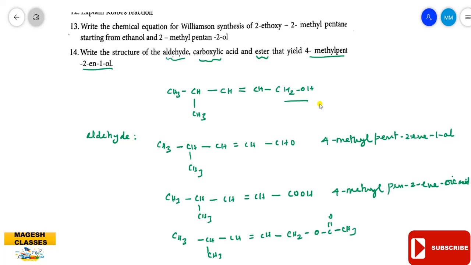The name of the compound is alkyl alkanoate, so it is ethanoate. So this part is the alkyl. So it is 4-methyl pent, 1, 2, 3, 4, 5, 4-methyl pent-2-enyl ethanoate.